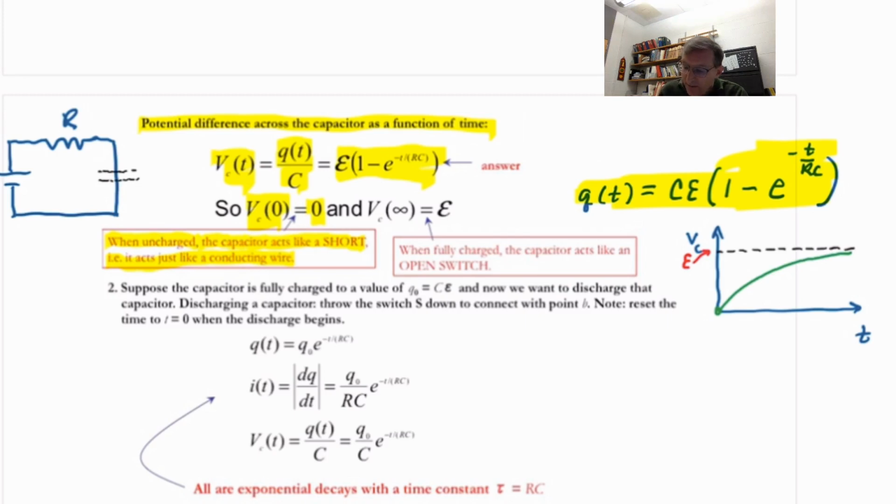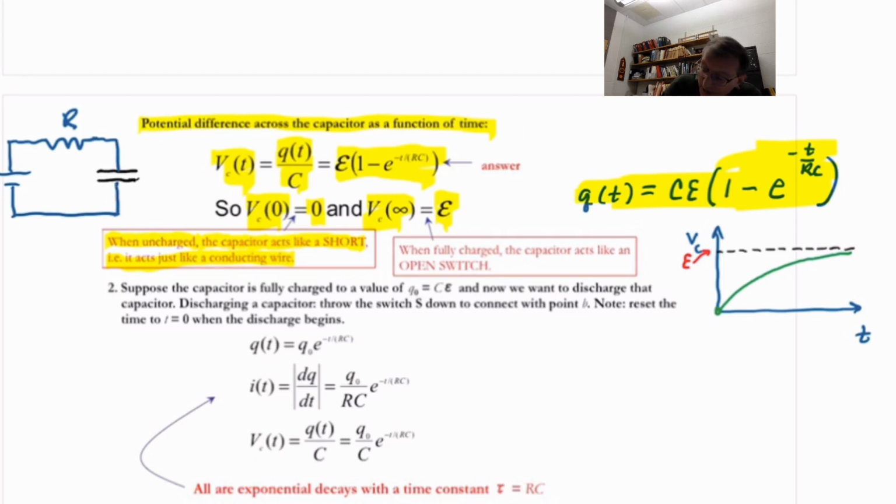Now let's take another extreme. Let's let time go to infinity in the voltage equation for the capacitor. Then I have an e to the minus infinity there. That's 0. 1 minus 0 is 1. 1 times curly E is curly E. The potential difference across the capacitor, so now the capacitor is fully charged, right, as time goes to infinity.